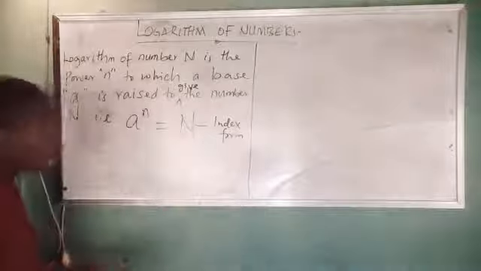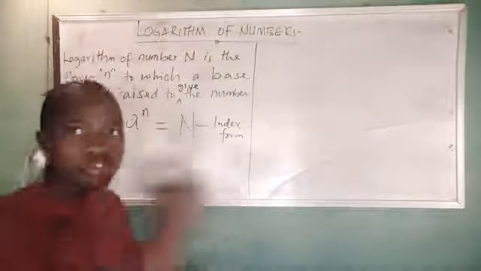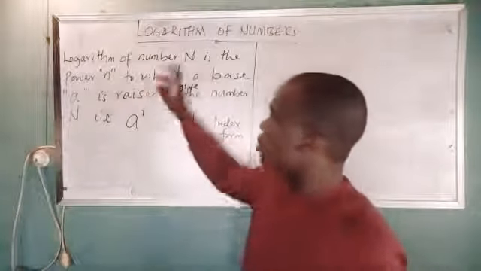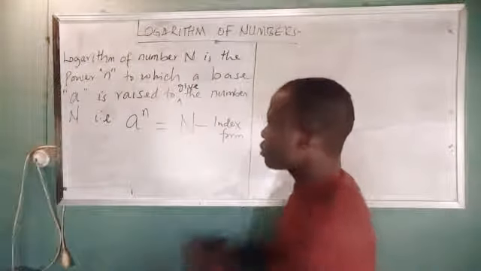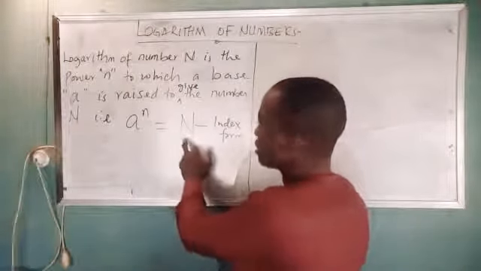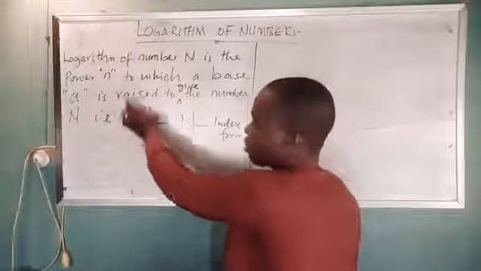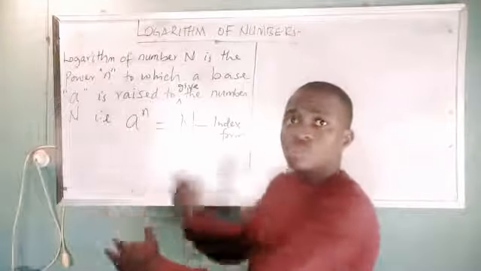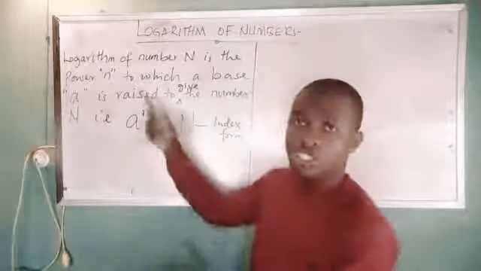So from index form, we now move to logarithm form. From this definition, logarithm of number N: because we already have a to power n equals N in index form, you want to bring out your definition.